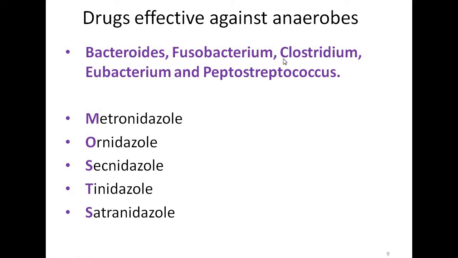Which are the drugs effective against Clostridium difficile, which causes pseudomembranous colitis? If you remember, we mentioned imipenem, cilastatin. In addition to that, the metronidazole group are also effective against Clostridium difficile.